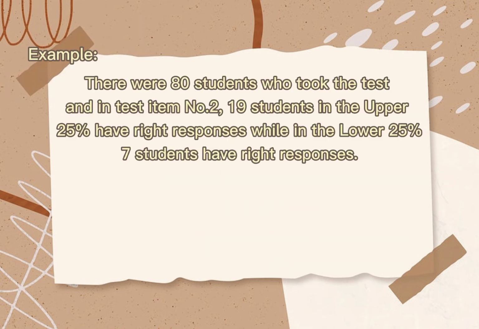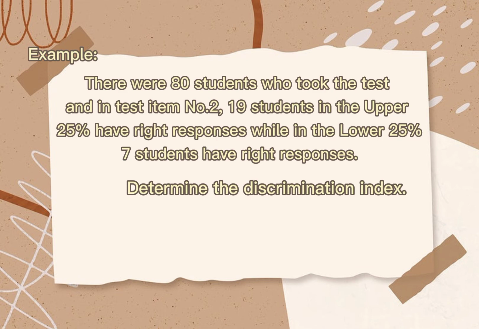For example, there were 80 students who took the test in test item number 2. 19 students in the upper 25% have the right response, while in the lower 25%, 7 students have the right response. Determine the discrimination index.